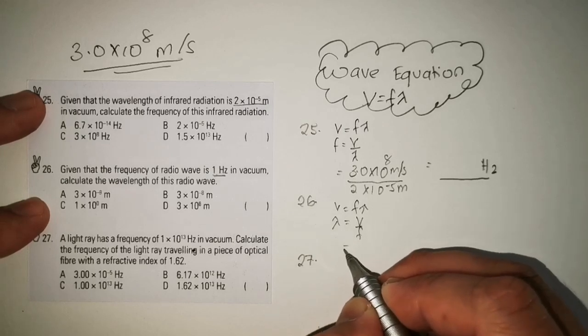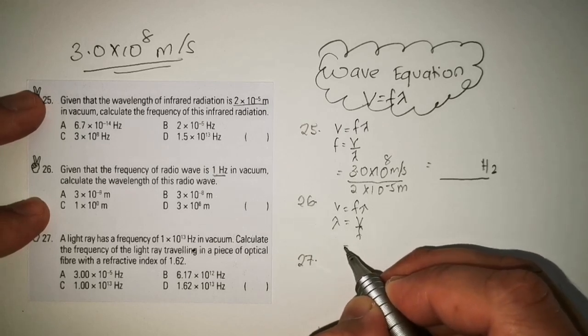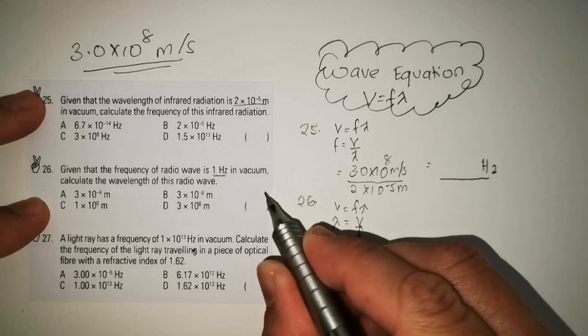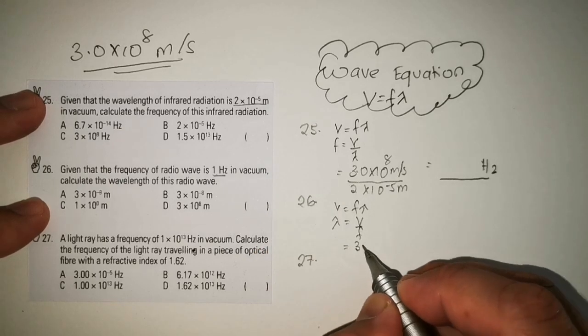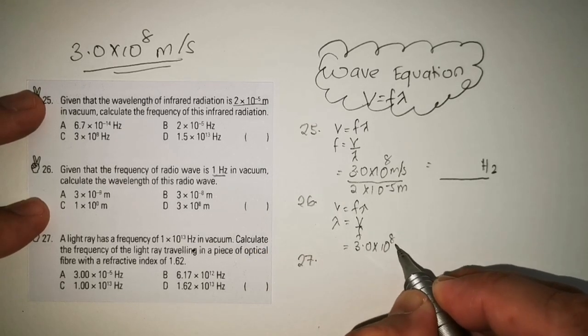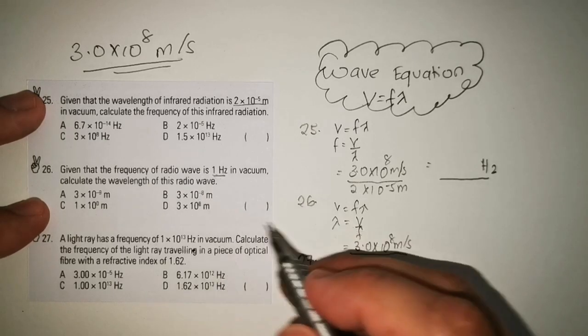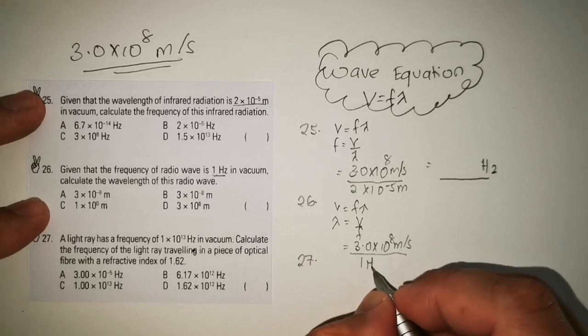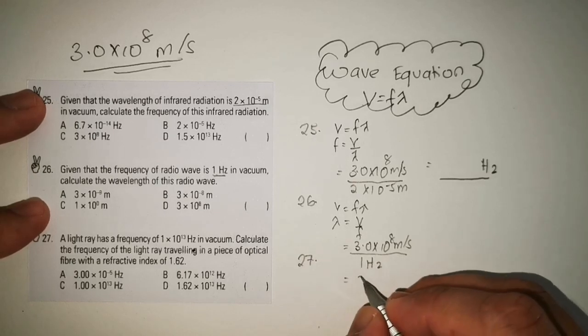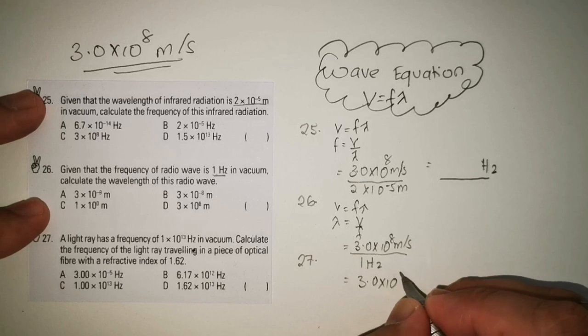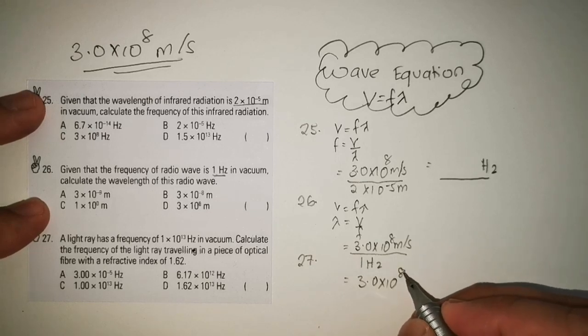Where's the speed here? In vacuum, the speed of light, 3.0 times 10 to the power 8 meter per second, divided by 1 hertz. Oh, it's just 1 hertz, so the answer is the same, 3.0 times 10 to the power 8. Don't forget the units must be in meter.